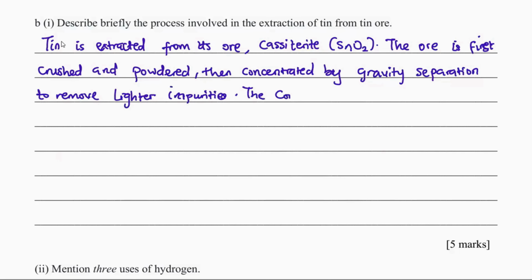Now the concentrated tin ore is then heated.